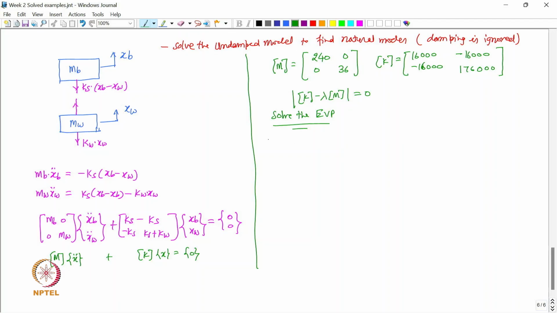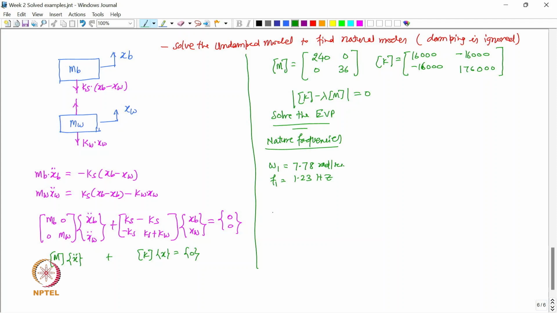So, what are the natural frequencies now? Natural frequencies are, this we can call omega 1, and that comes to be 7.78 radians per second, okay. And in terms of hertz, this is 1.23 hertz, correct.